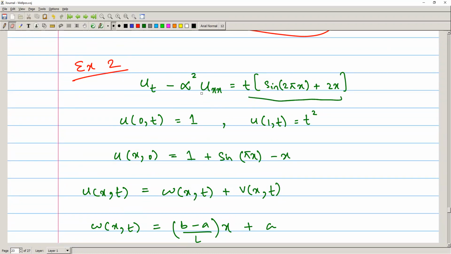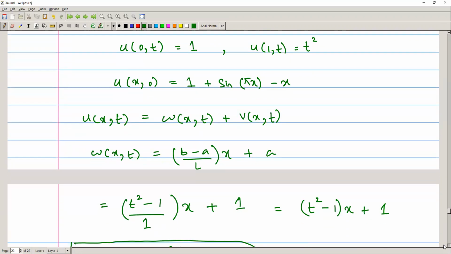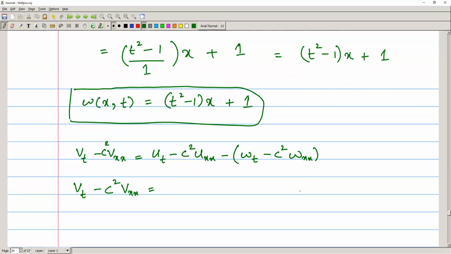All right, let's write it c squared. It doesn't matter if the constant is alpha or c, right? So this is t times sine 2 pi x plus 2x minus. Now this wt, here we can work out for wt from this equation.